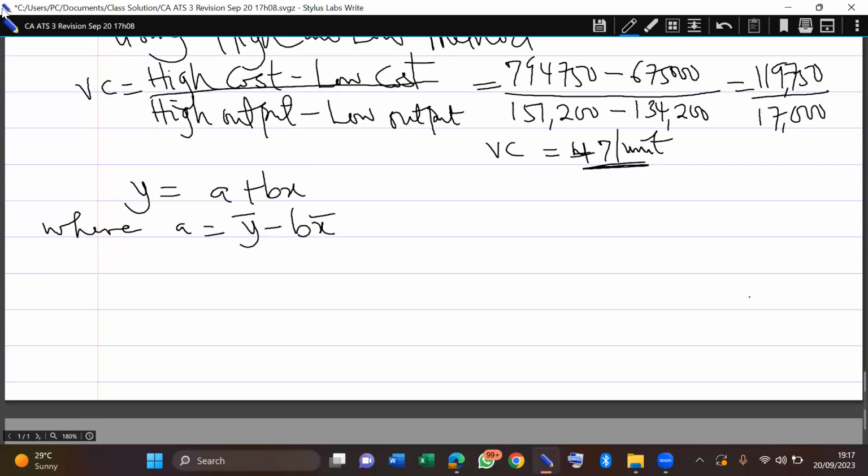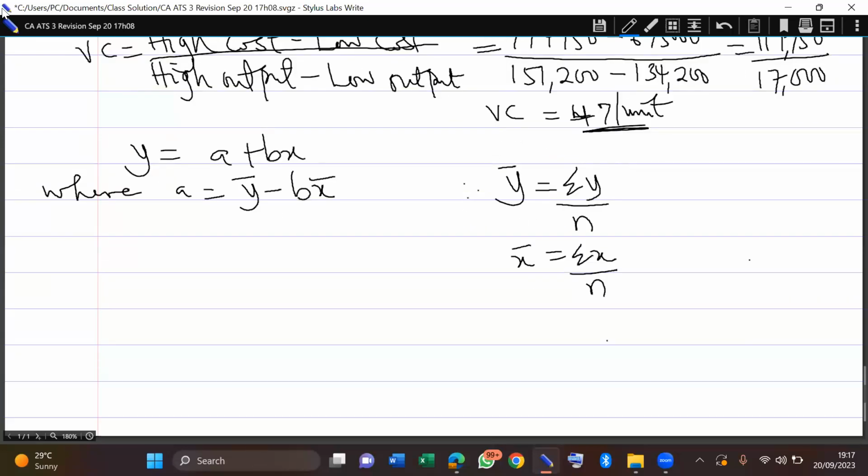Our y bar is summation y over n, and our x bar is summation x over n. Then our b is the variable cost.